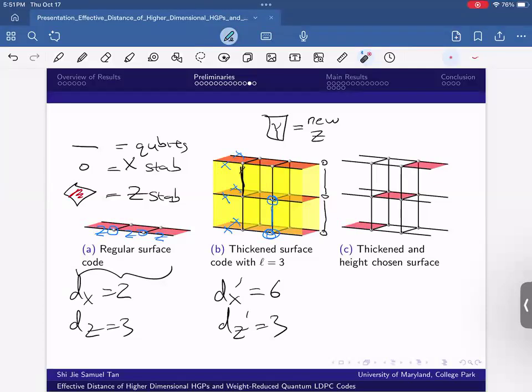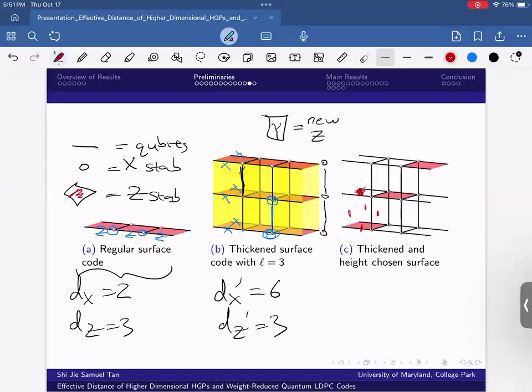One way to see this is that if you keep the yellow checks, it's a bit hard to show this part, but this original flat check over here, in the second floor of this building, can be generated from a combination of this vertical yellow check, the one at the back here, as well as the original Z check. If you apply all of them, you get the one at the top here.